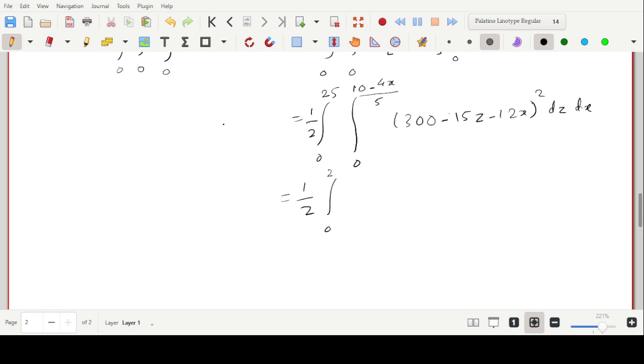Alright. Okay, so here, now that we are integrating with respect to z, 300 minus 12x can be considered as a constant, so we can write this as, alright, maybe, 10 minus 4x over 5.